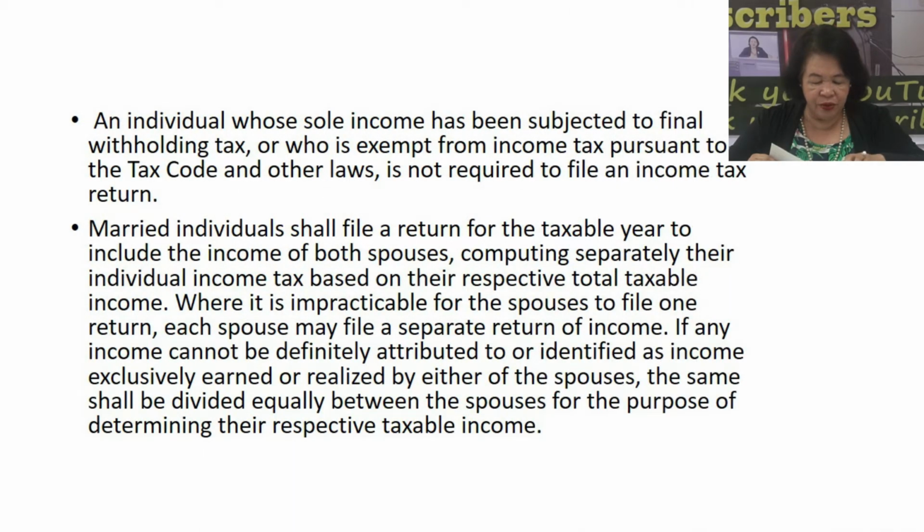An individual whose sole income has been subjected to final withholding tax or who is exempt from income tax pursuant to the tax code and other laws is not required to file an income tax return, no? Married individuals shall file a return for the taxable year to include the income of both spouses, computing separately the individual income tax based on their respective taxable income.